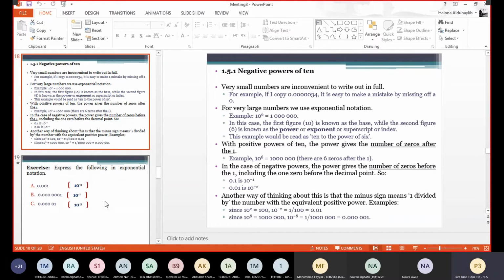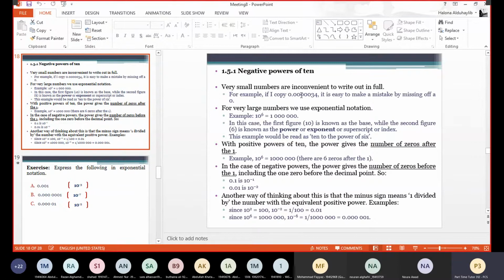Negative power of 10 is used for very small numbers. Now we need to understand how we can represent very small numbers with negative power of 10. Very small numbers are inconvenient to write out in full.